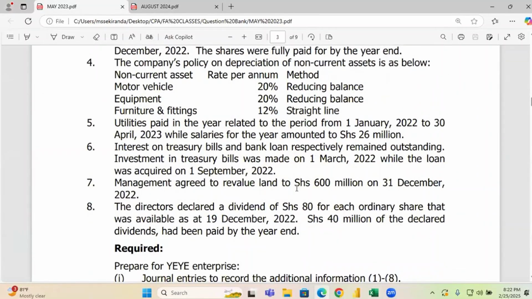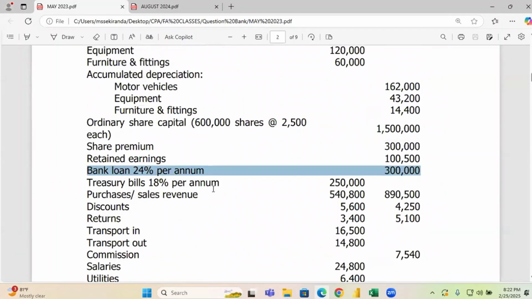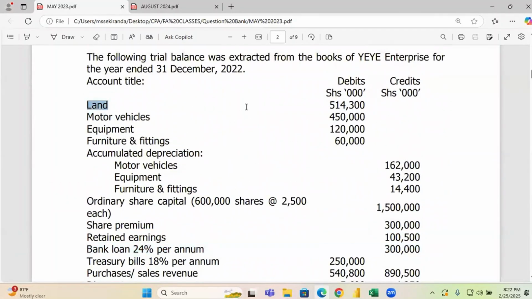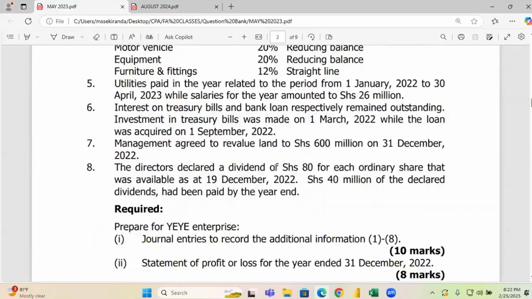And management agreed to revalue lands to 600 million on 31st December. So how much was our land in the trial balance? Land was 514,300, and they were revaluing it to 600 million. So we are seeing an increase in the value of land.